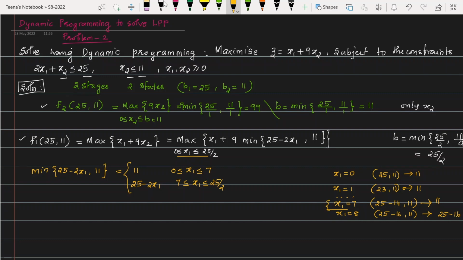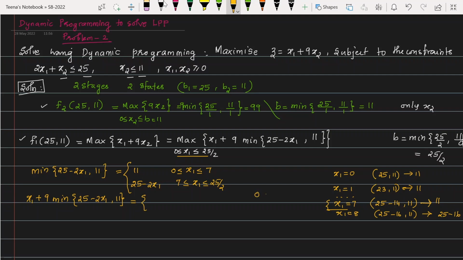Now let us find x1 plus 9 into the minimum of 25 minus 2x1 and 11.